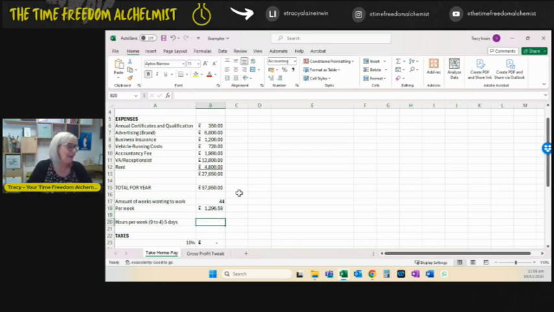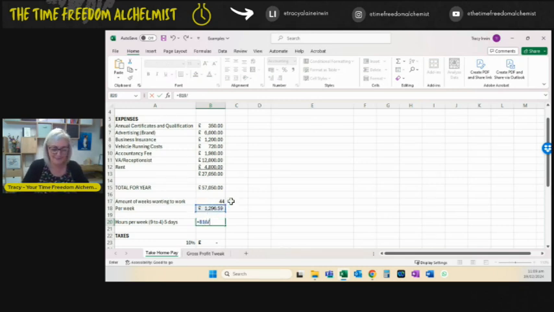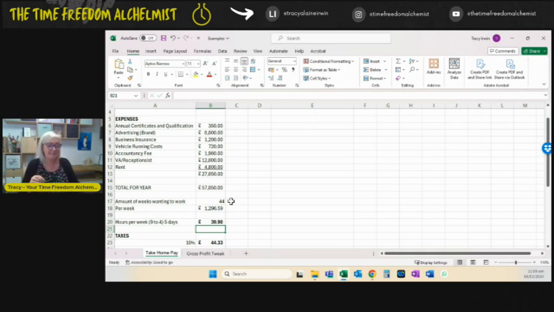So I've put here that if somebody works 9 to 4, maybe working on their business either first thing in the morning or last thing at night, and they work 5 days a week, that's 32.5 hours if they take half an hour for their lunch. So if we divide by 32.5, you need £39.90 an hour.